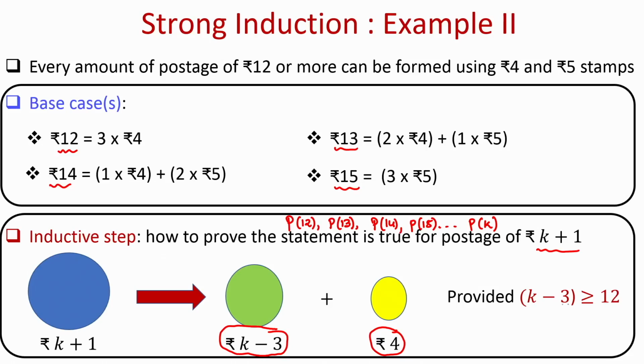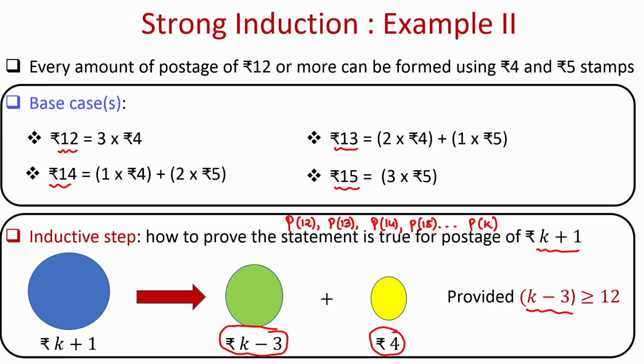And this works provided k minus 3 is greater than or equal to 12. Okay. That means, your k minus 3 has to be at least 12, and that is why we have here 4 base cases. If you do not have 4 base cases here, if you have say a base case of only 12, then this proof does not work here.